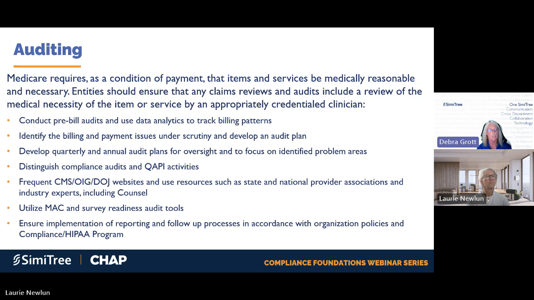You've opened a new agency, you've bought a new agency, or you've changed ownership within that agency, and you're subjected to that PPEO. So it's important to understand what that means for your organization as well, and to understand that the targeted probe and educate is still going on.